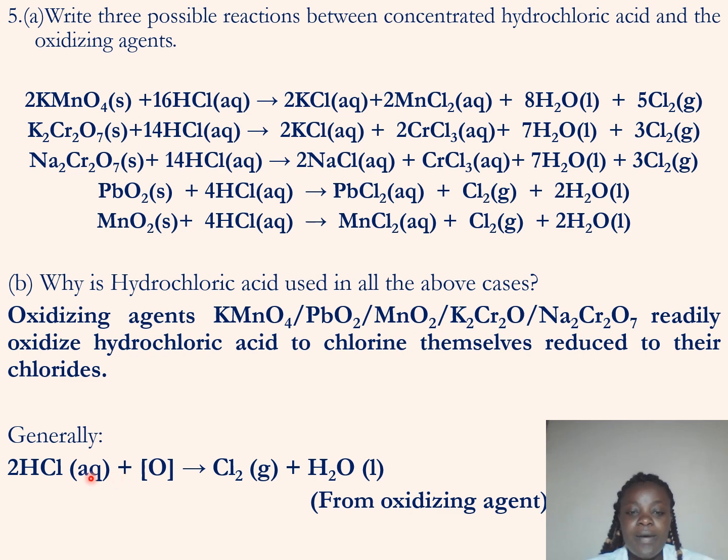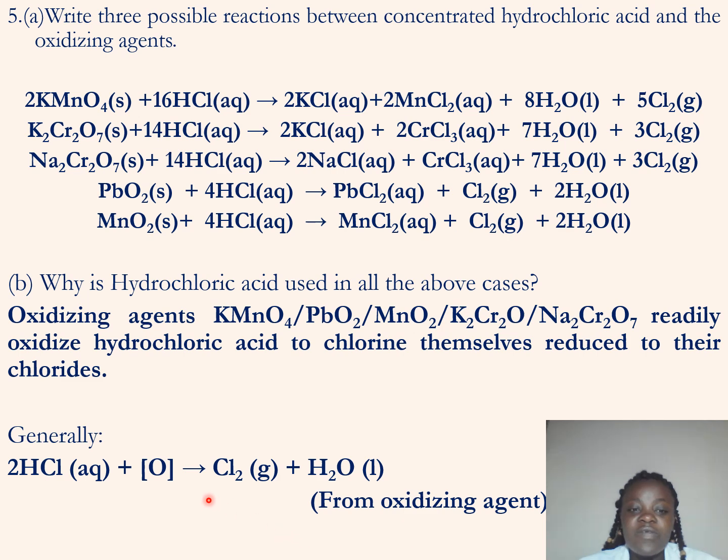So this is the general chemical equation for the reaction between hydrochloric acid and the other oxidizing agent. So you can see they give an oxygen. Hydrochloric acid reacts with the oxygen from the oxidizing agent, then itself is oxidized to chlorine, while water is also formed in the reaction.